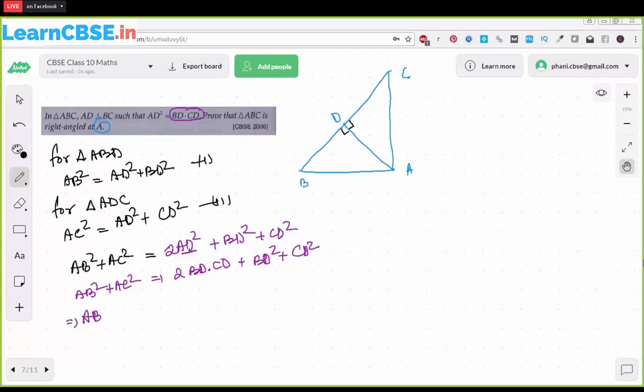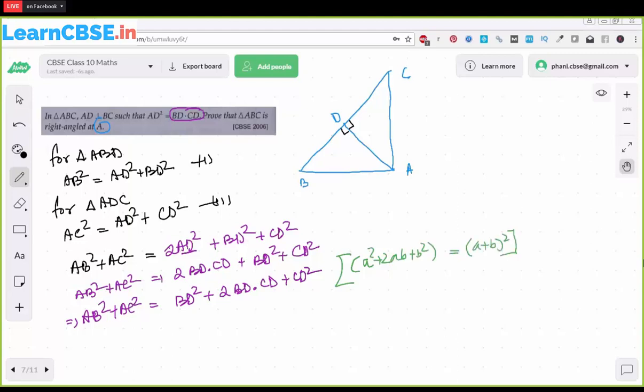If I rearrange it, it's BD square plus 2 into BD into CD plus CD square. Obviously it is in the form a square plus 2ab plus b square, which we can write as a plus b whole square. So we can write AB square plus AC square as BD plus CD whole square.